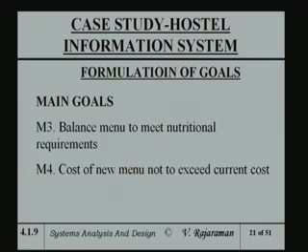And the cost of the new menu must not exceed the current cost. So, that is quantified in some sense, in the sense that you know the current cost. If the current cost is say 50 rupees, the new menu should not cost you more than 50 rupees. In fact, we said that it should be brought down, and that is the primary goal.